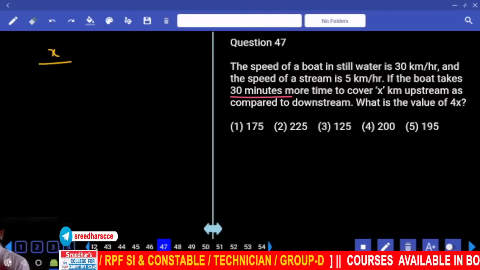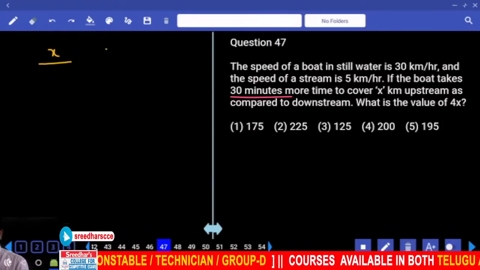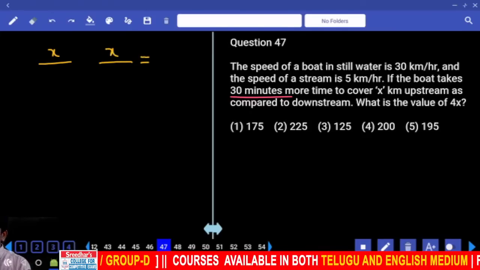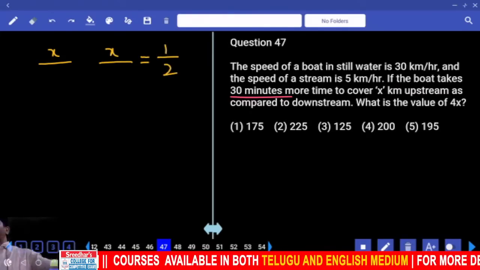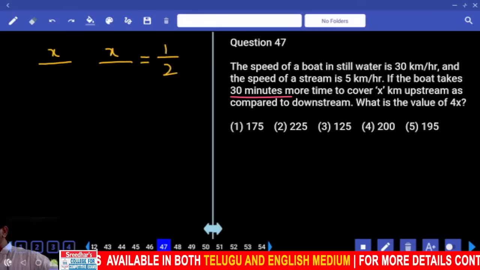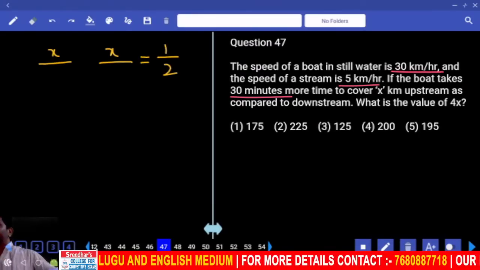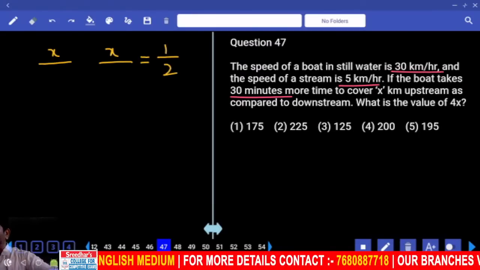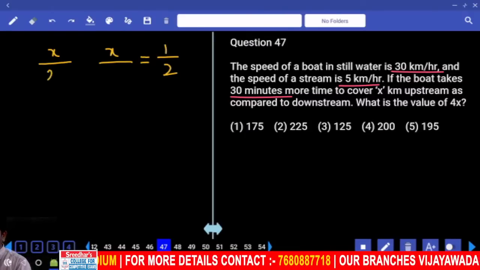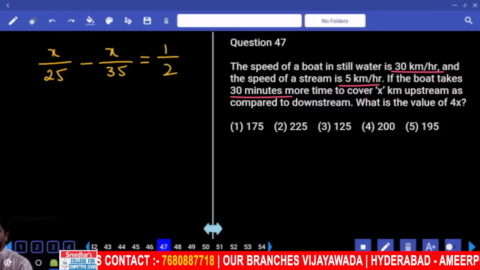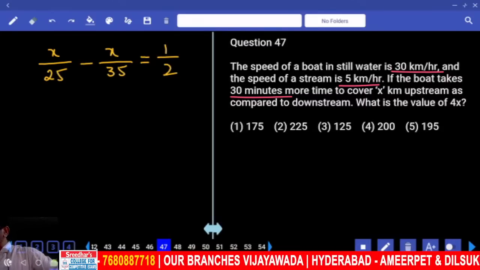X kilometers covered in upstream, x kilometers covered in downstream. Time difference is equal to 30 minutes, which is equal to 1 by 2 hour. M is 30, S is 5, M minus S 25, M plus S 35, and now the difference is equal to 1 by 2.